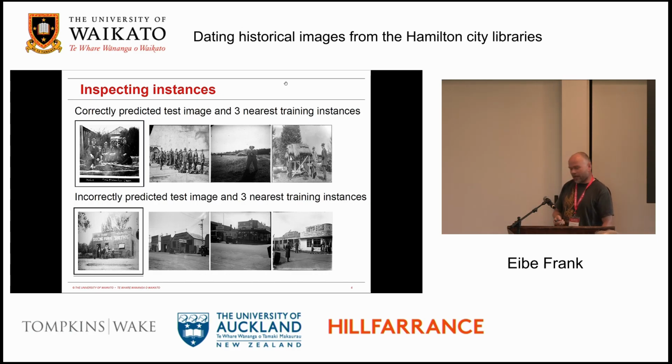In the bottom row, we have the worst case prediction where the actual image was taken early in the last century, and the prediction was from 1968. And as you can see, probably the neural network mainly looked at the type of house or architecture that is present rather than other features like whether there's a car or a horse carriage. And then in the top row, this was perfectly predicted. The year was exactly right. So this was an example of where it actually works really well.